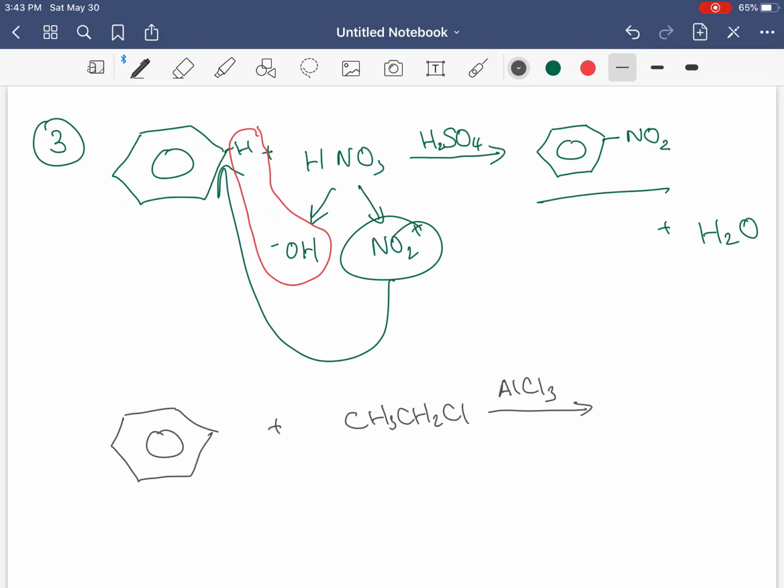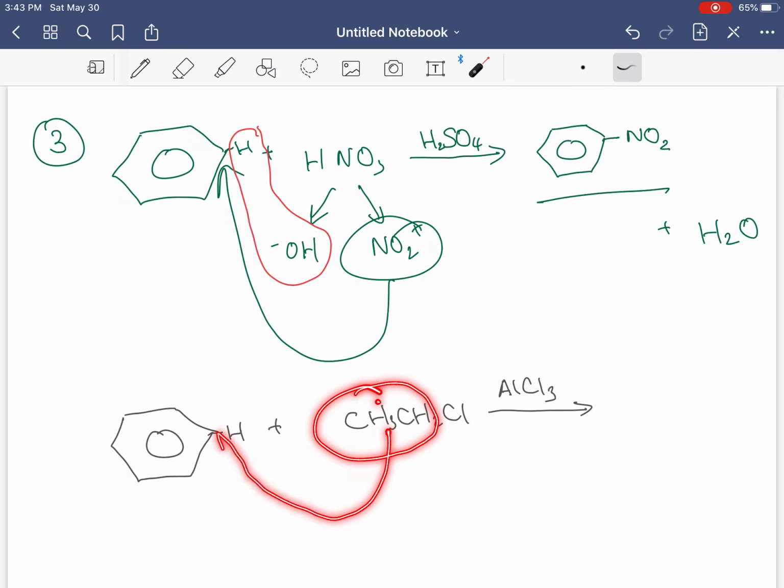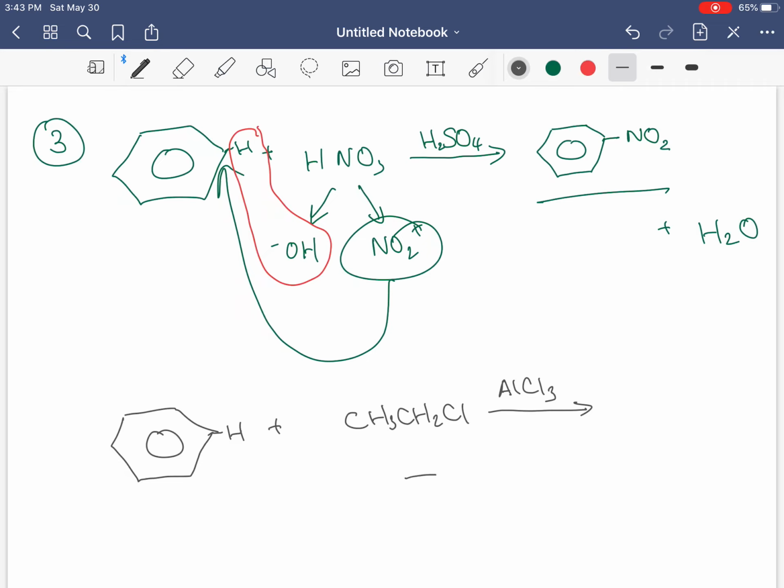Okay, the same idea as the halogenation we saw before, but the question is, what is the product that you're going to get? Now remember, these guys have H's. So what you're going to be seeing here is H taking Cl. So the CH2CH3 will come and attack the carbon from the benzene. So at the end, you're going to get this.